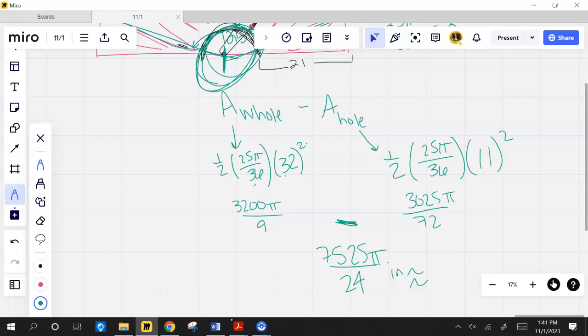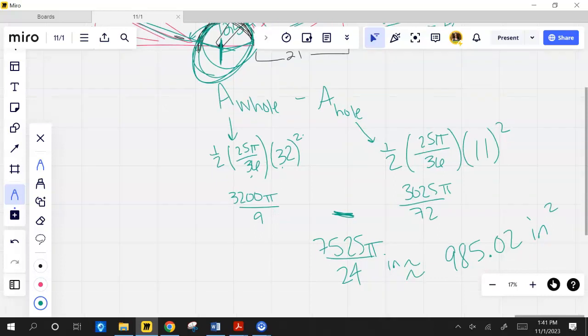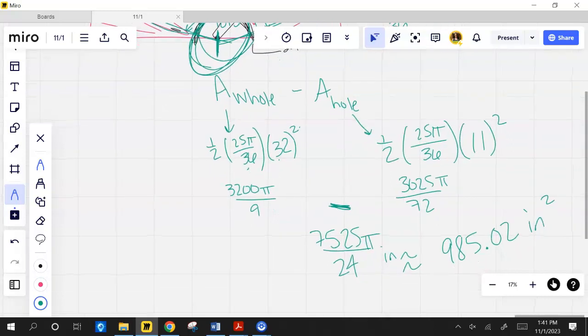So let's also get a decimal approximation for this. 985.02 inches squared. It's inches squared because it's area. Does that make sense? At all? A little bit? Caitlin says yeah.